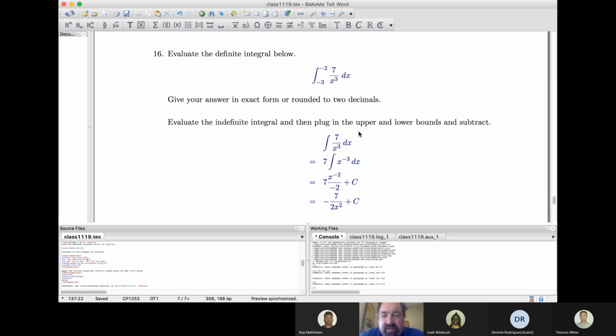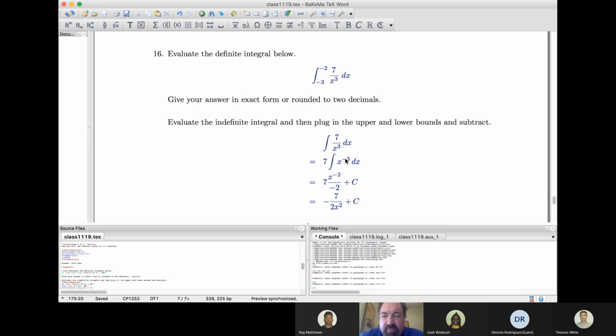So you start out the way we've been doing the previous problems, just taking the indefinite integral. Here we pull out the 7, and then 1 over x cubed is rewritten as x to the -3. I recommend that when you're about to use the power rule for derivatives or integrals, it's good to write in this form.